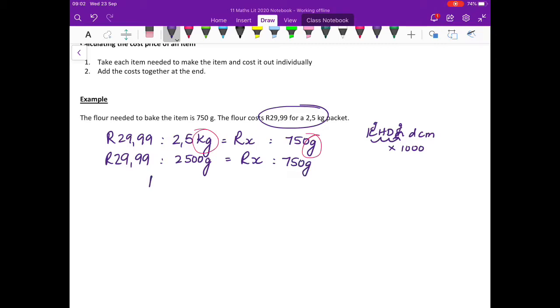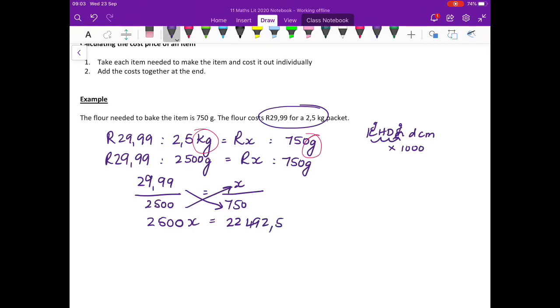In fraction form, we're going to have 29.99 over 2,500. Remember, we don't put our units here. X over 750. Look for your X first. So we've got 2,500 X equals 750 times 29.99, which is going to give you 22,492.50.